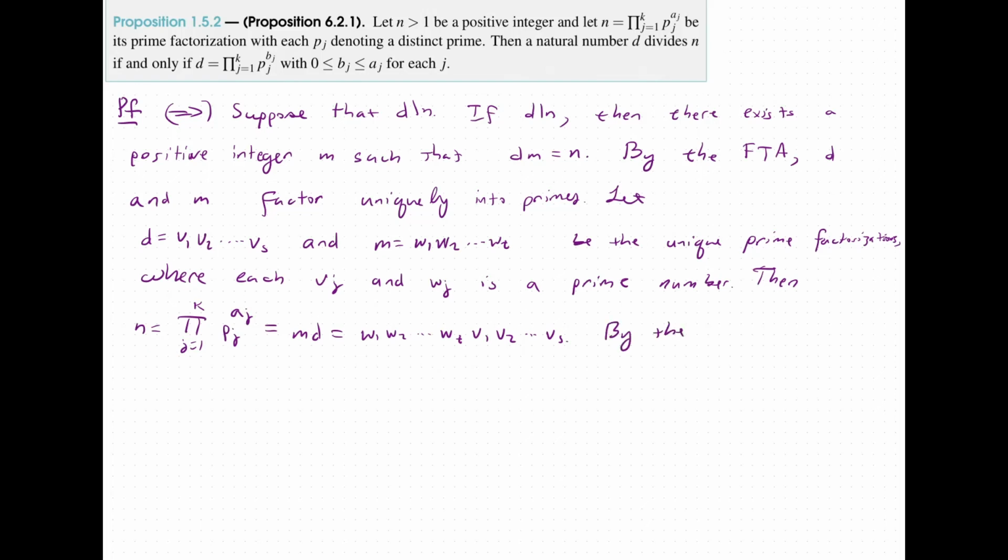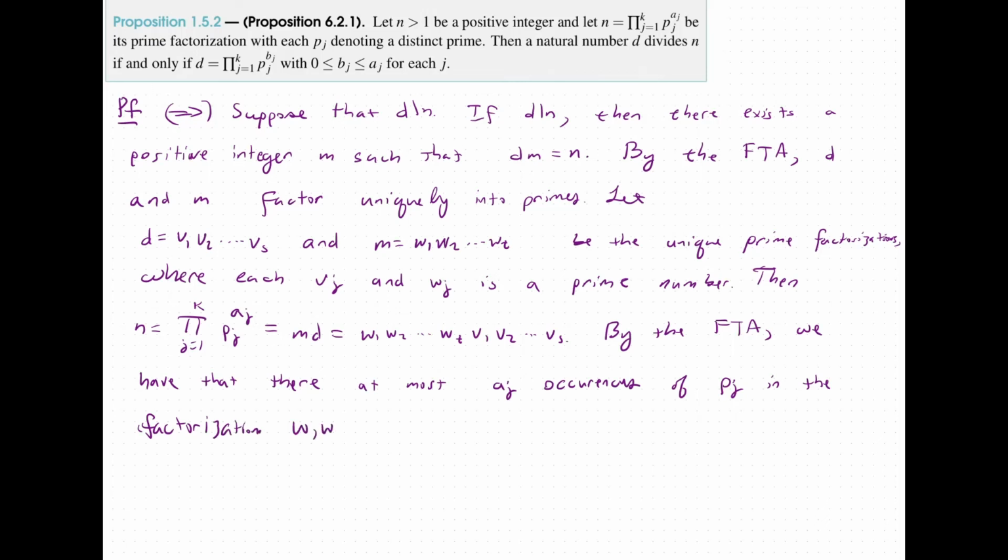So by the fundamental theorem of arithmetic, we have that there are at most a sub j occurrences of p sub j in the factorization w1, w2, wt, then v1, v2, v sub s.